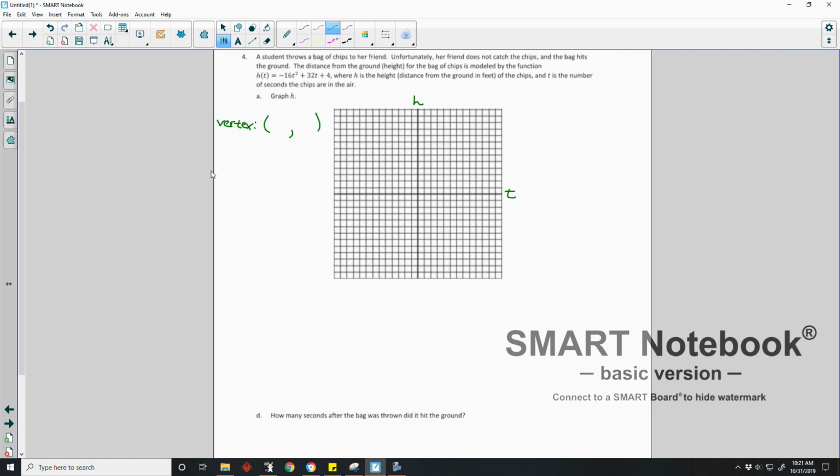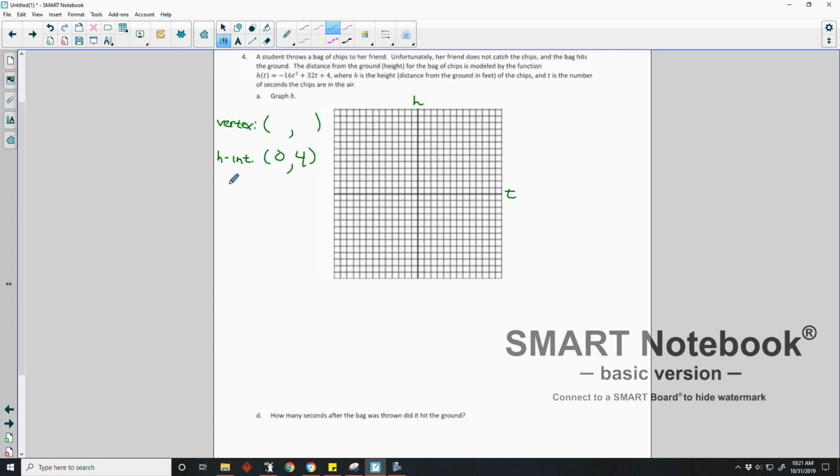We want to know the h-intercept, being the y-intercept. And the h-intercept is just when x is 0, or in this case, when t is 0, then our constant is our intercept, 0, 4. Okay, that's the easiest one to do.